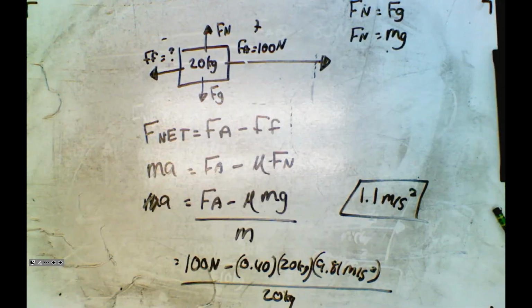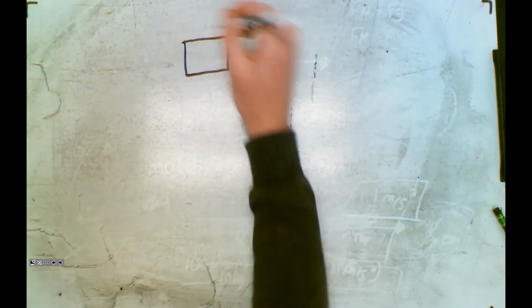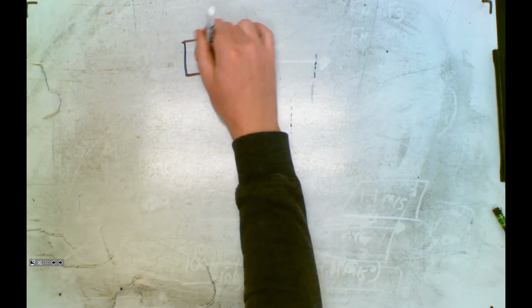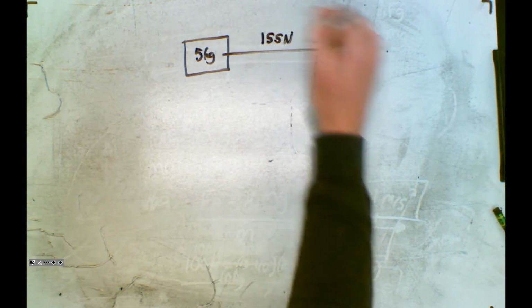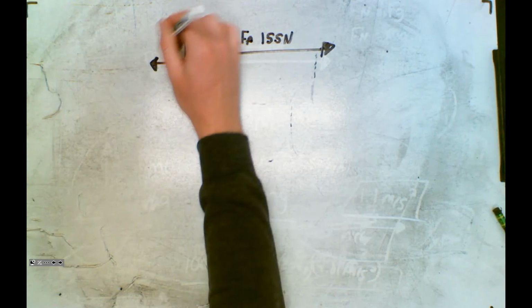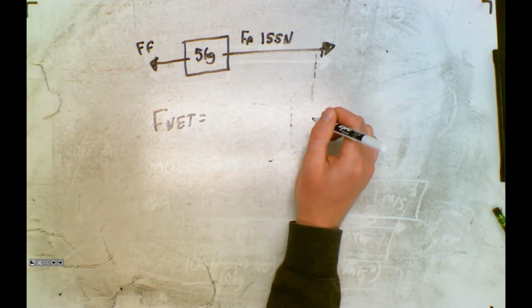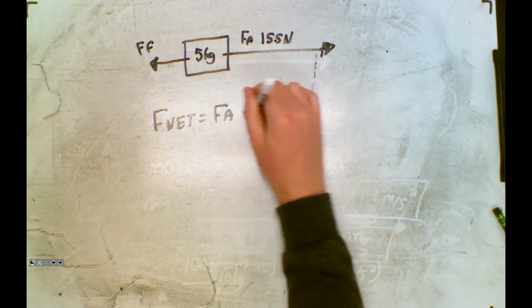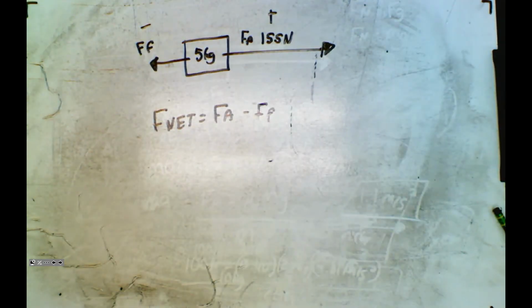Okay, let's try that out. So we'll start off with the free body diagram. We have a 5 kilogram object. There's a force applied of 155 newtons. And there's friction, which we don't know. And we can write an F net equation. Our F net is equal to our force applied minus our force of friction, because this is bigger, so I'm going to make that positive.